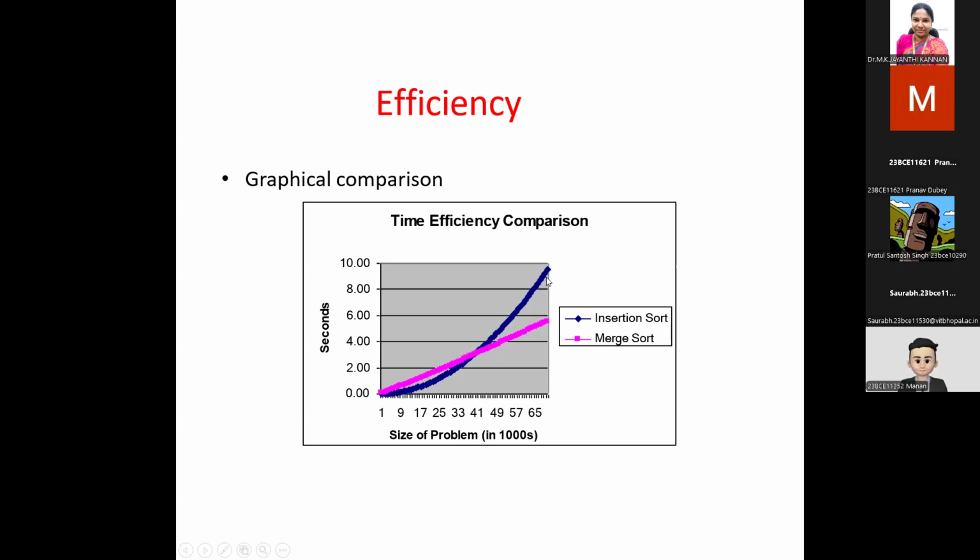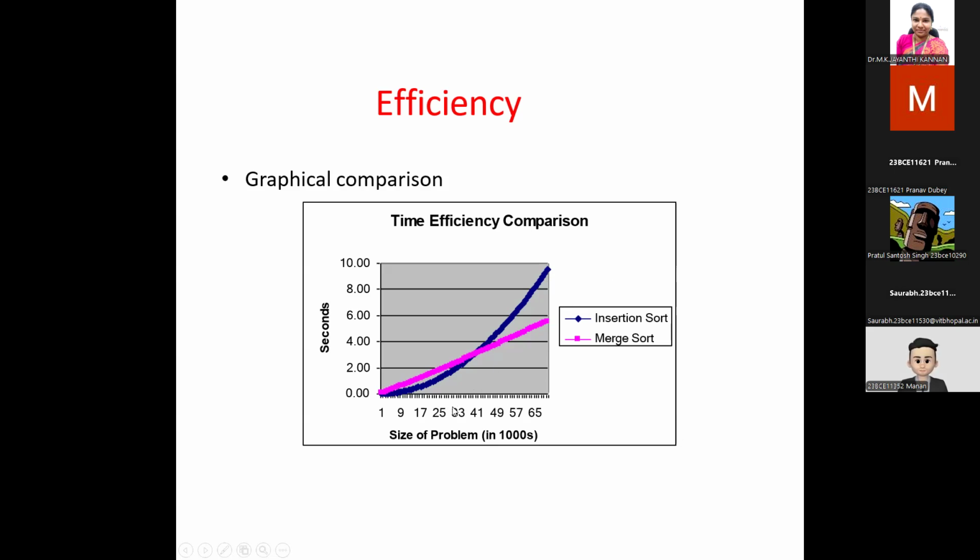It's an exponential growth. But in merge sort, if you give 33, it takes 2.5 or 3 seconds. Even if you give 65, it completes within 5 seconds. Even when the input increases, merge sort works in less time, while insertion sort takes more time.